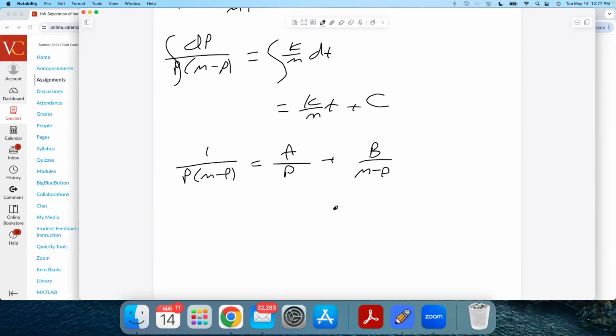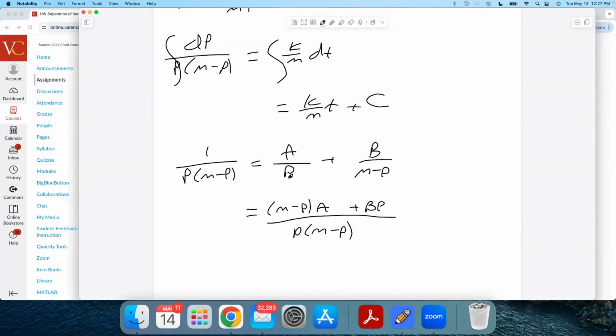You did a bunch in Calc 2. You may have forgotten it. We're going to do a bunch of it this semester. It's definitely something you want to brush up on. I'm going to get a common denominator here and then set these equal. So this guy gets multiplied by M minus p. This guy gets multiplied by p. And then we have our common denominator.